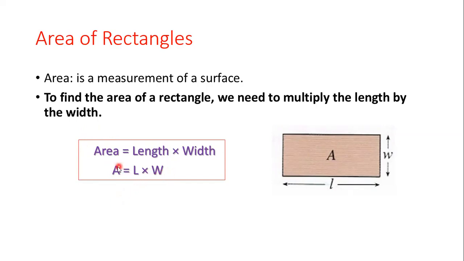Sometimes I will give you the area in the question, and for example I will give you the width, so you have to find the length. What you have to do is divide area by width to find length, if length is unknown in the question.